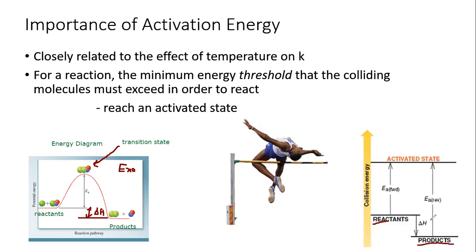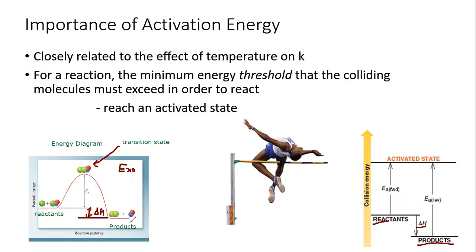So the difference between the two will give you delta H. So it's E_A forward minus E_A reverse. And since the reverse is greater than the forward, delta H would be negative.